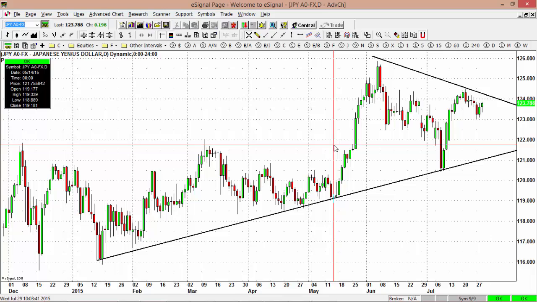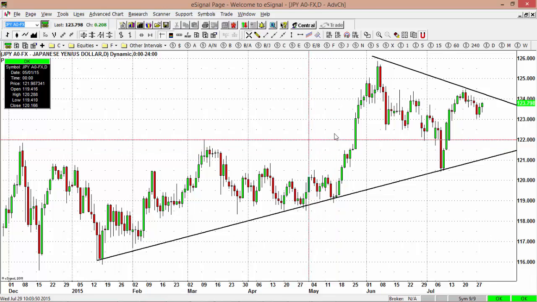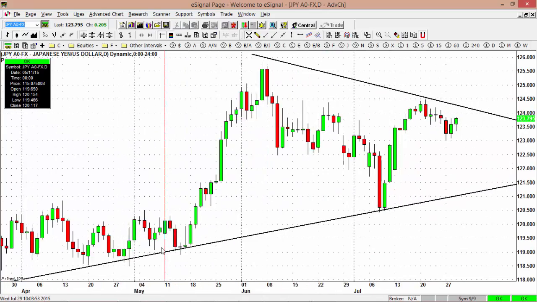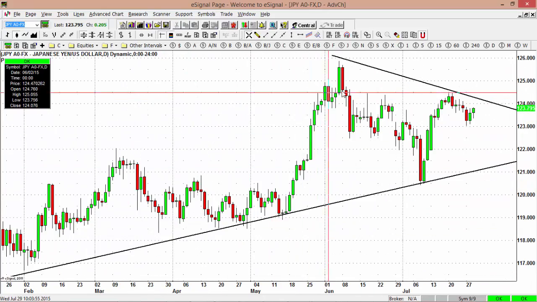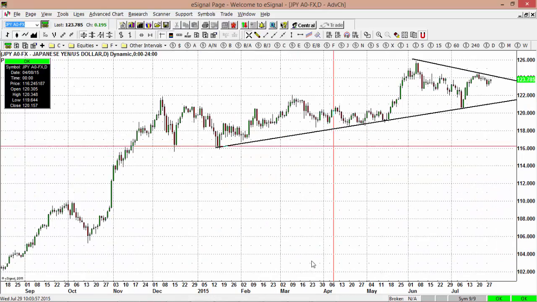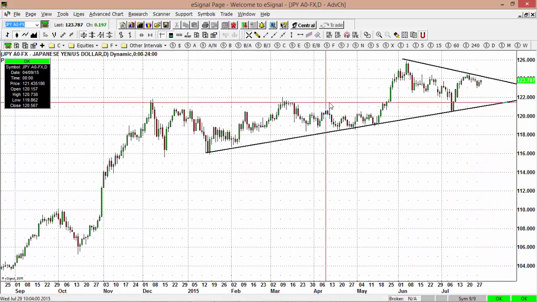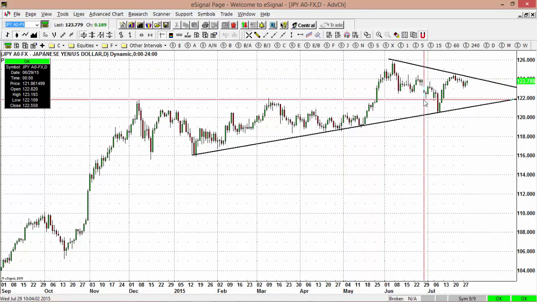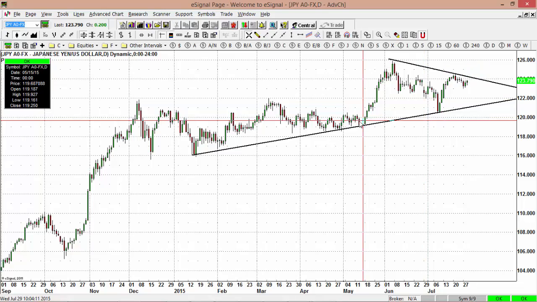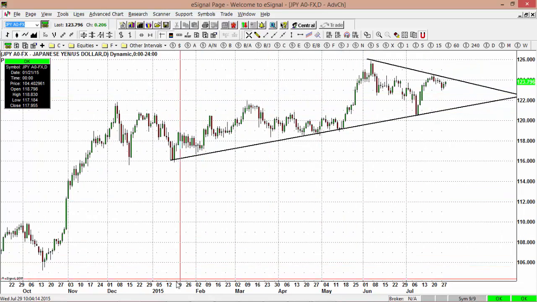Anytime we have a crisis, the Japanese yen strengthens, and you saw that phenomenon in 2008. So we're in a consolidation pattern with the Japanese yen, and you can clearly see the triangular consolidation pattern here on the daily chart. A close above this downtrend line would be fairly bullish, and the market could test the 126 level. But we are still in a consolidation pattern.